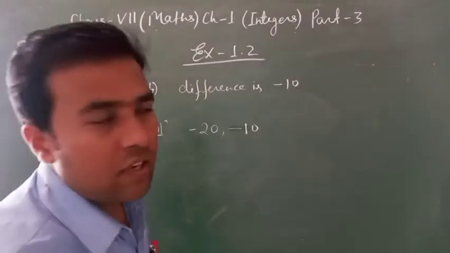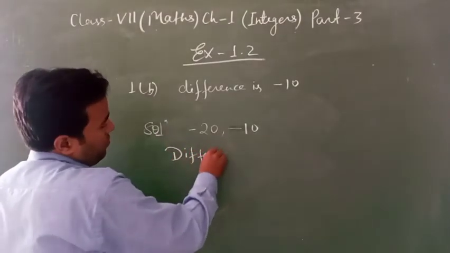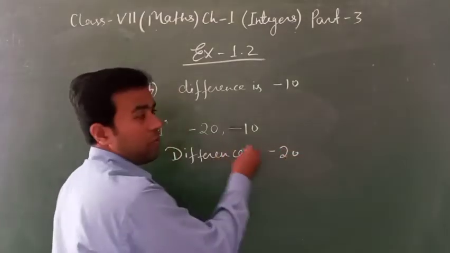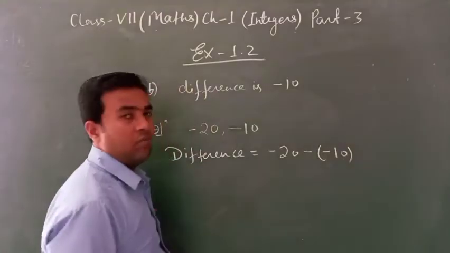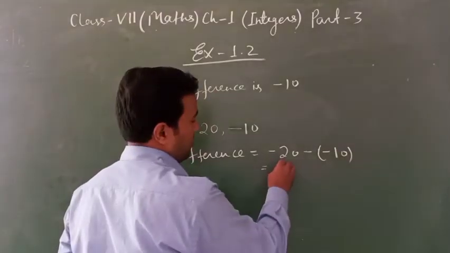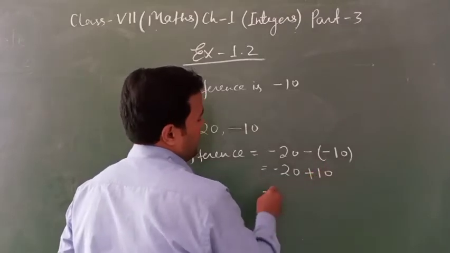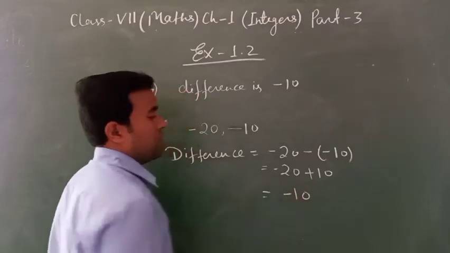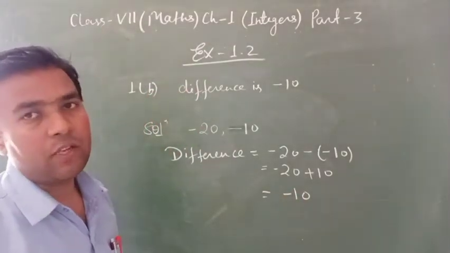Find the difference. So -20, comma, minus sign, -10. Okay, -20 minus minus becomes plus. So minus plus minus, 20 minus 10 is 10. There is minus, so -10 is coming.